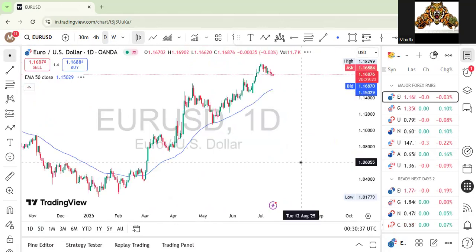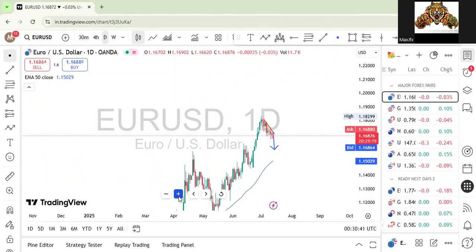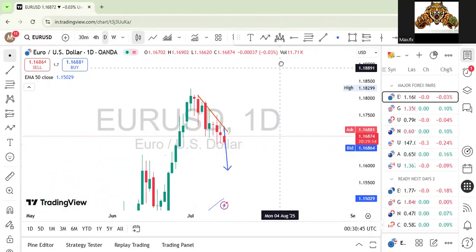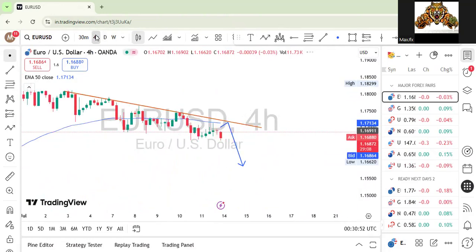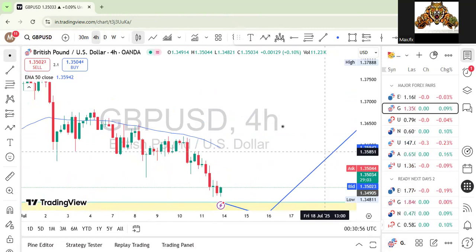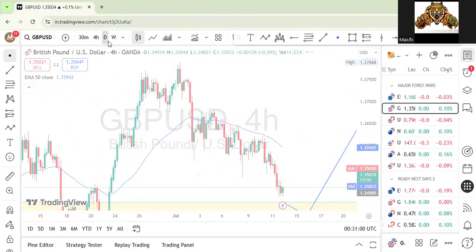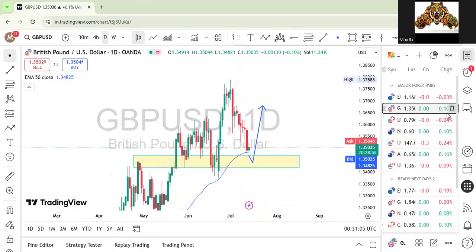So which one looks very, very promising to me? My very first pair will be GBP.